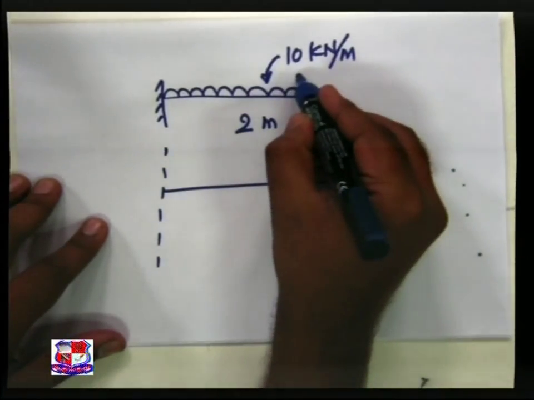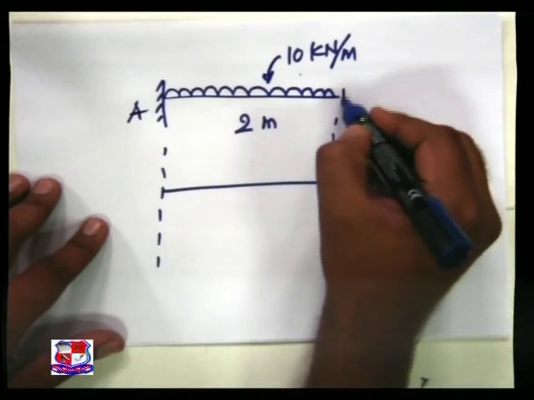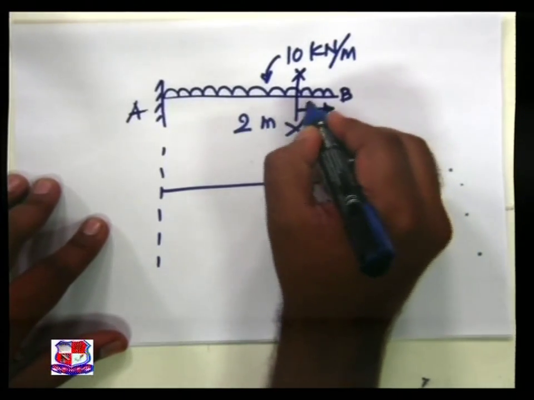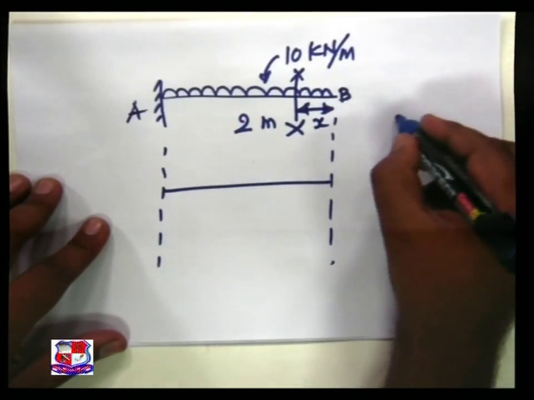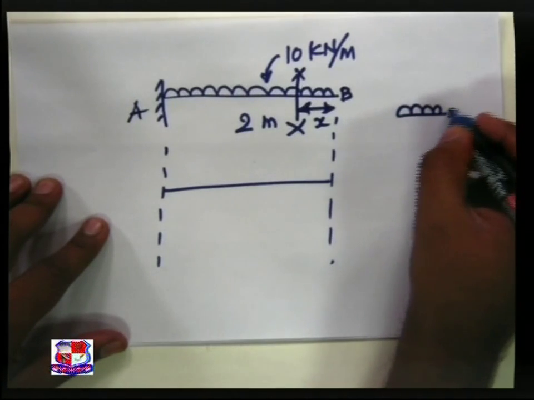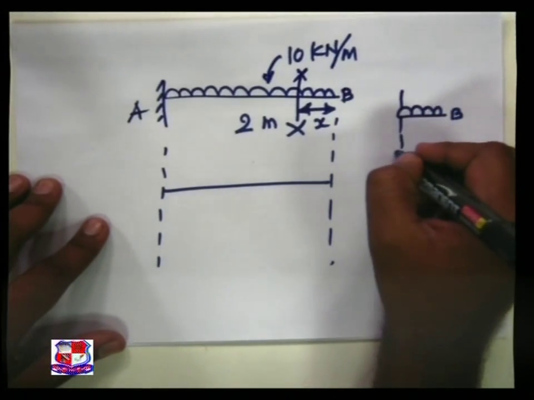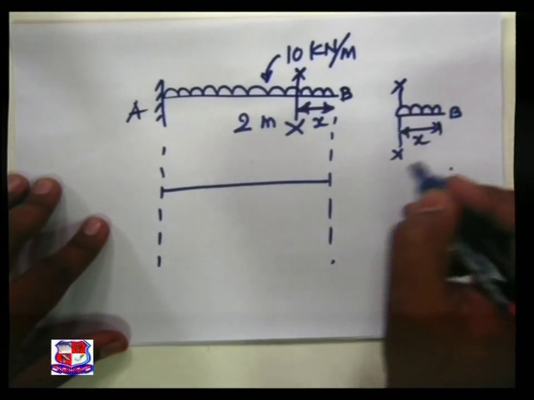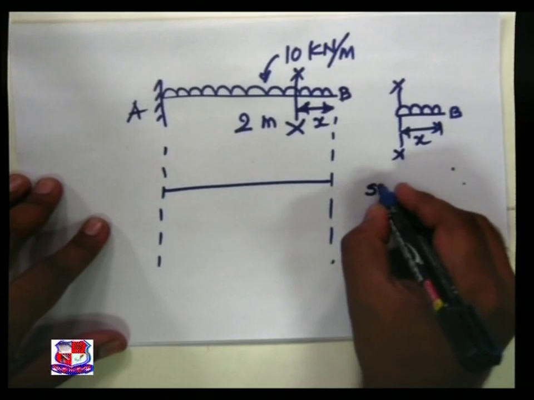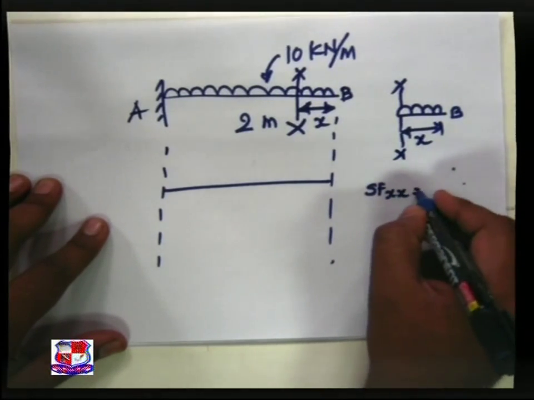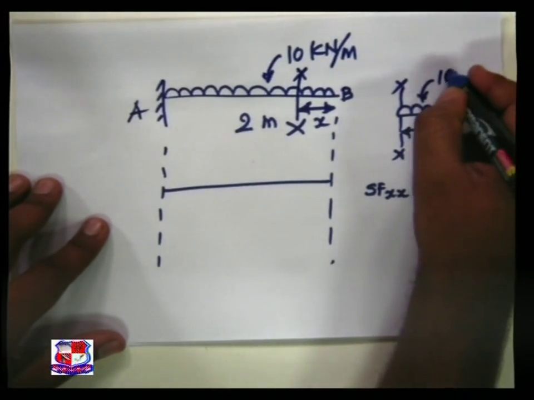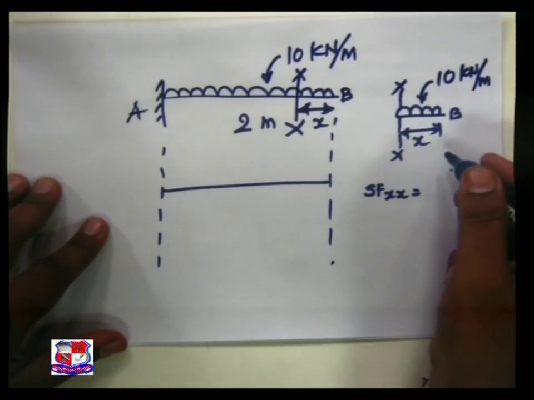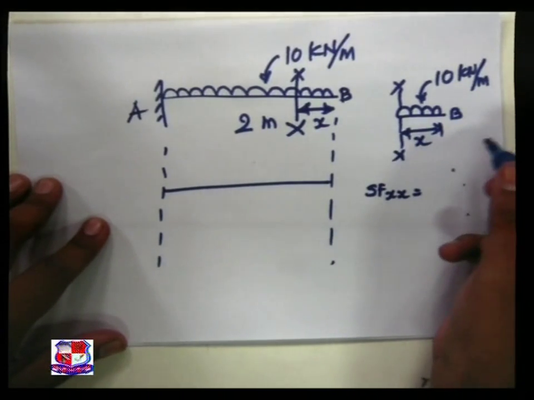Now let us take a section at a distance x from B. Shear force at section XX is equal to the unbalanced vertical force either from the left or right of the section.